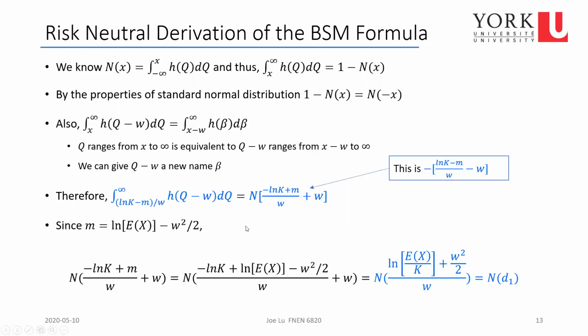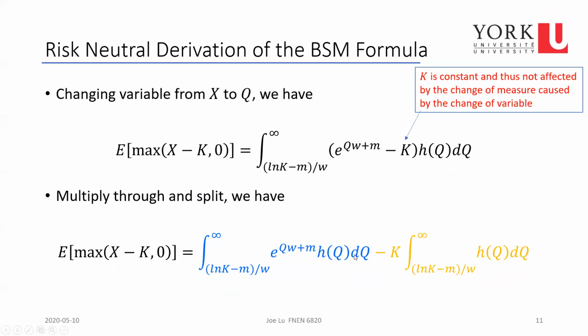Now, we know m has this expression here on earlier slides. Then we just substitute in m. Whenever we see an m here, you put in an m here, you rearrange, then you have this particular form here. This basically is N(d1). So N(d1) we've written here.